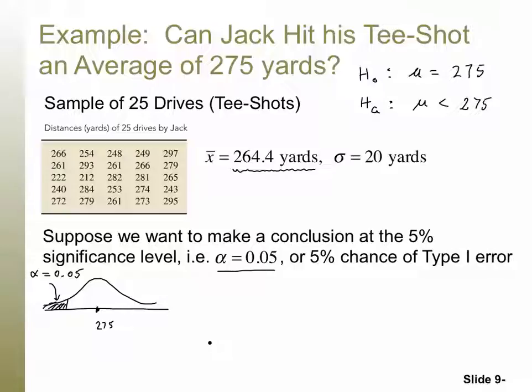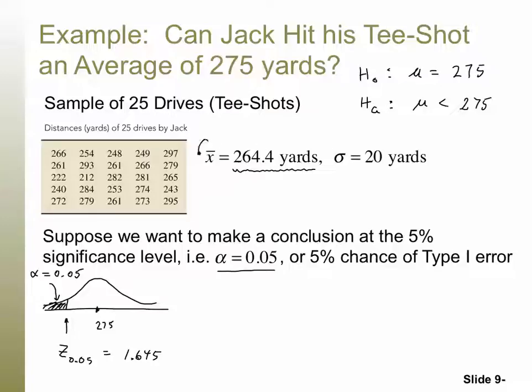So what is the z-score for 0.05? Who's got their chart? 0.05 to the left. So z of 0.05 is what? Oh, 1.645?